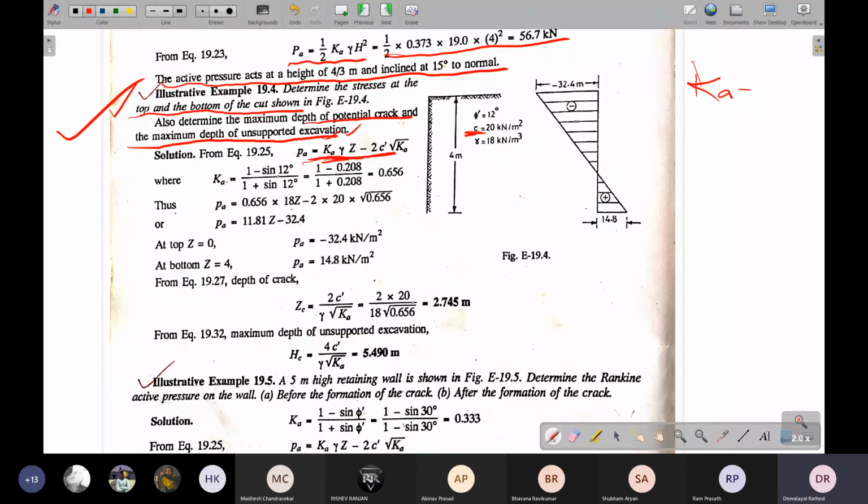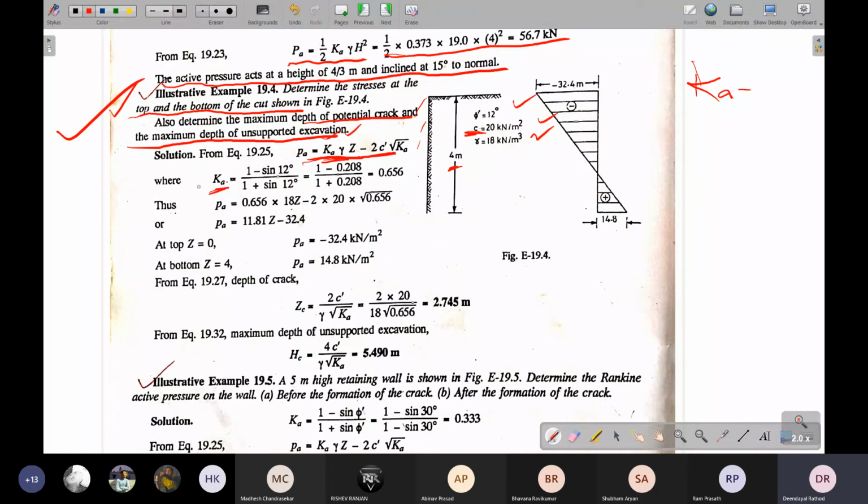Okay, fine. So here, what we have to do: a 4-meter wall is there. So here there may be a wall. 4 meter, phi value given, C value given, gamma value given. The first thing we have to do is find K naught, Ka, sorry, for active earth pressure.